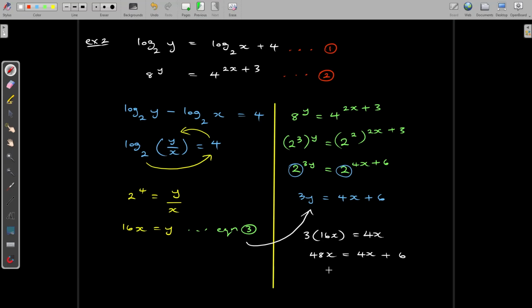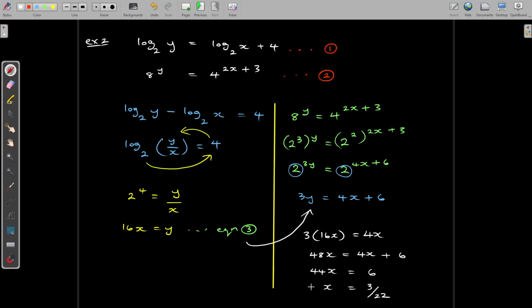Alright, so now we get 44x is equal to 6. x is equal to 3 over 22. So that's what x is equal to.